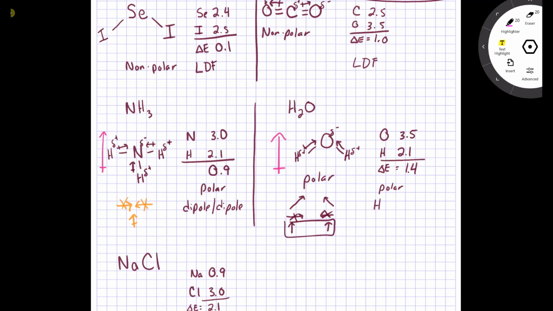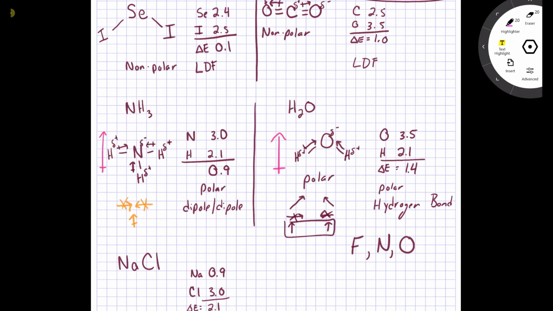And so even though it has an electronegativity of 1.4, when hydrogen bonds with certain elements, specifically when it bonds with fluorine, nitrogen, or oxygen, it's going to form a hydrogen bond.